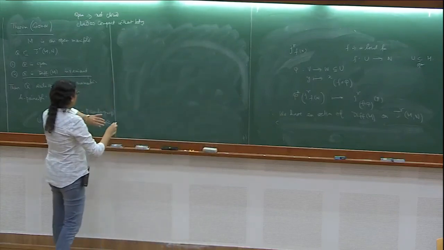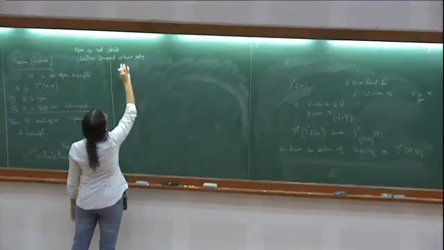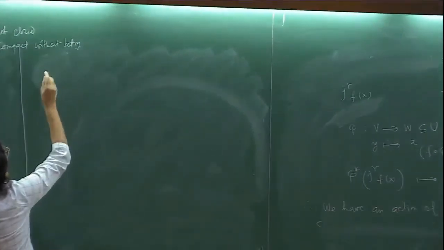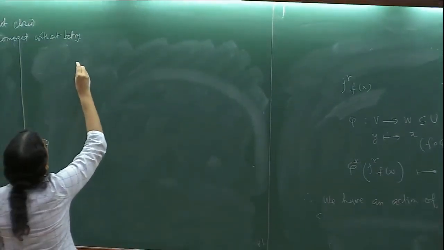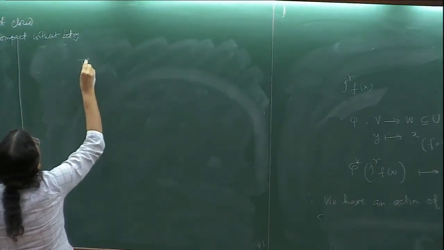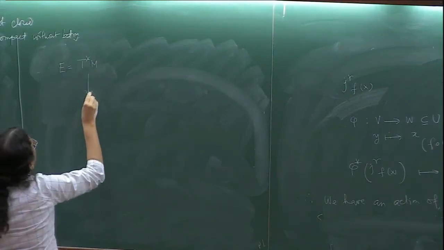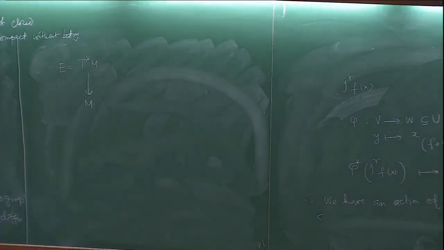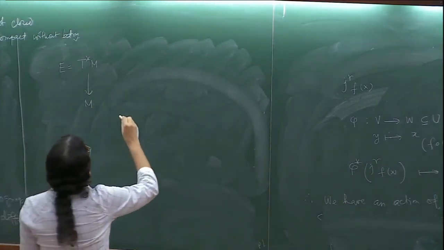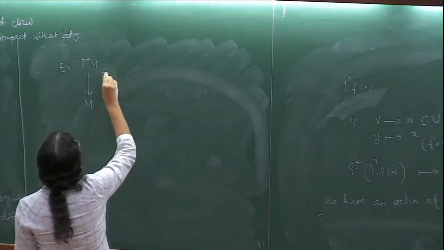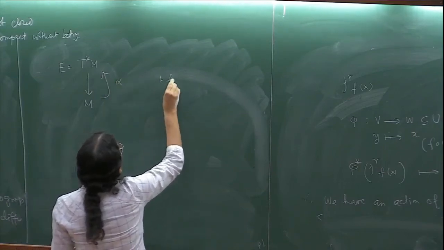So we'll spend some time on the symplectic case, okay? So let us look at T star M. This is my E, a bundle over M, okay? And any section is a one form, right?